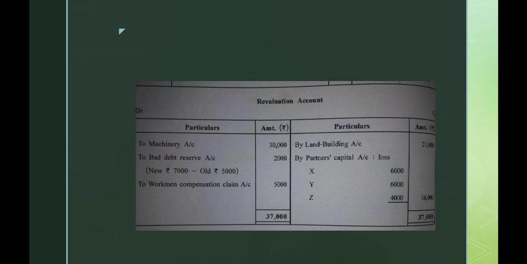As I said, while you study this lecture, you should keep your textbook and writing book with you. One more thing I would like to clarify here is, this was the first sum, and that is the reason we are going extremely slow. We'll increase the speed in the next lectures. So let us talk about the revaluation account. We are at the step of totaling this.